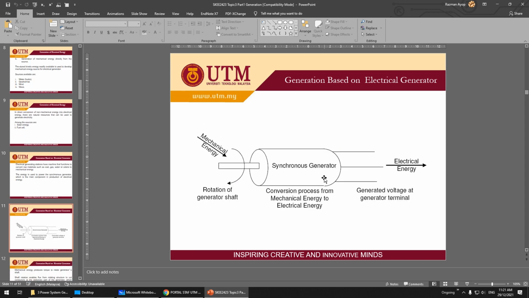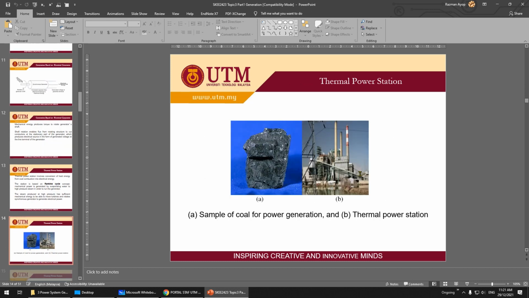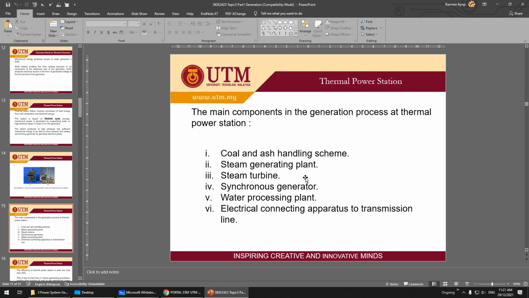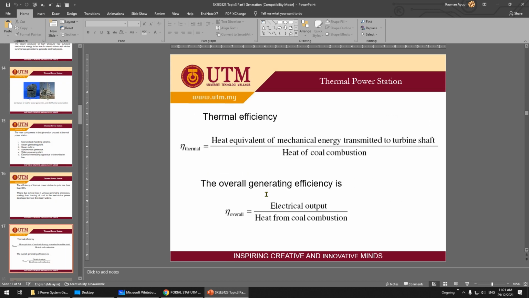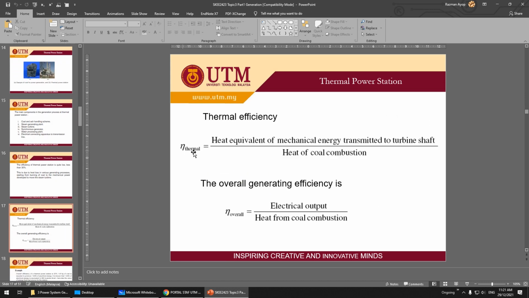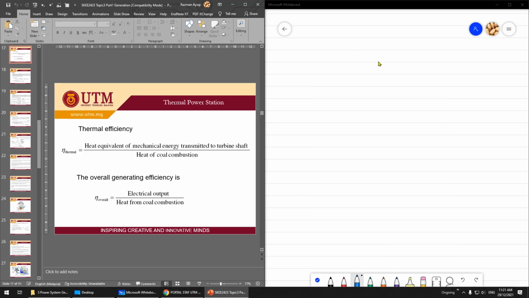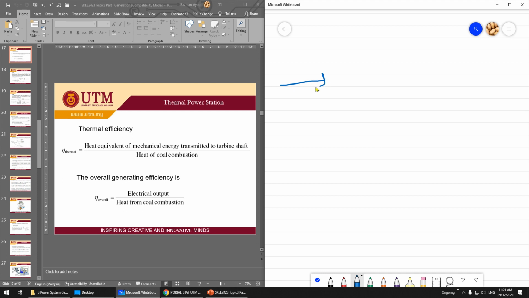And of course you need to know how to calculate the thermal power. So you can see here you have a thermal efficiency, an electrical efficiency, and an overall efficiency.